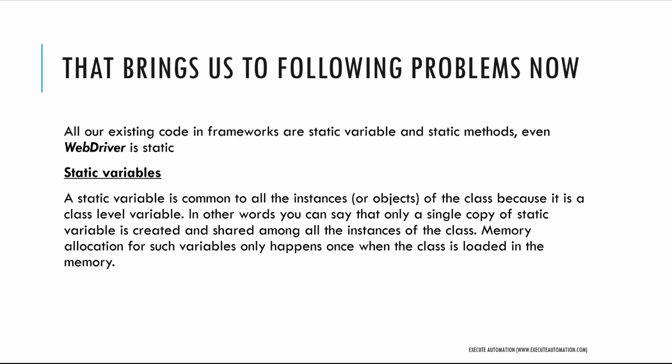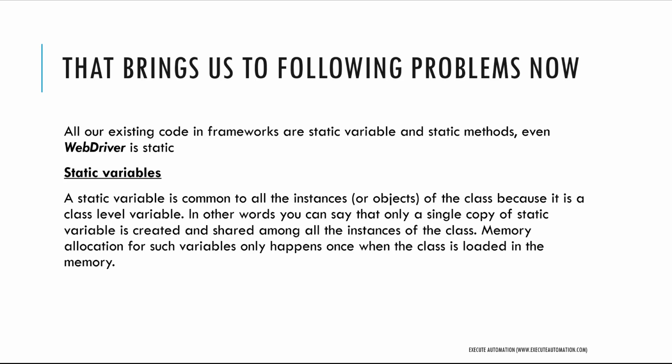So that brings us to the following problems now. All our existing code in the framework are static variables, static methods, right? And every method that we have is static, and the most important variable, which is nothing but the WebDriver, is also static. So a static variable is common to all the instances of the class because it is a class level variable, right?